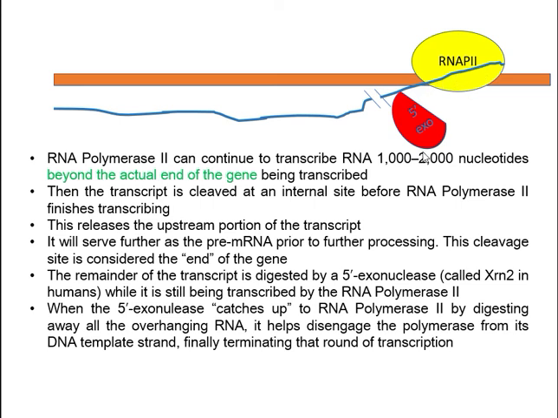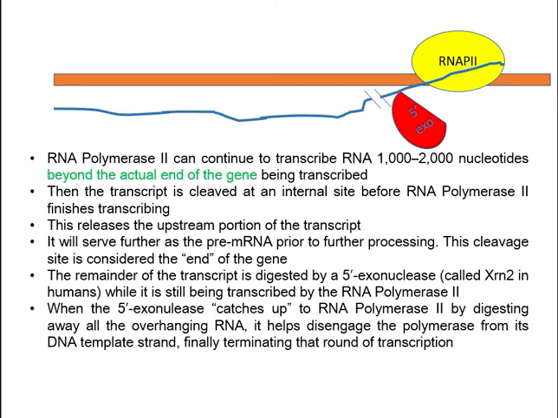As this process continues, there will be a cutting taking place, and who will cut it, we will see in the next slide. Here there will be a cutting, and this will now go for processing. What happens to the rest? It will be cut off by 5' exonucleases, which will digest this unwanted part of the transcript and release RNA polymerase II from the DNA template.